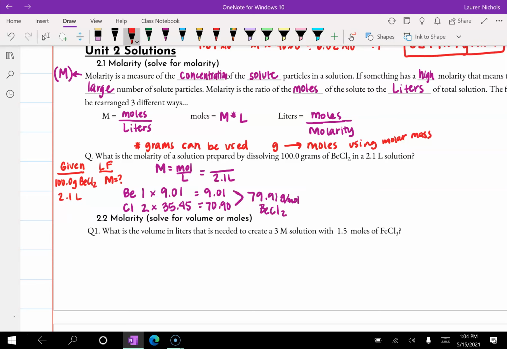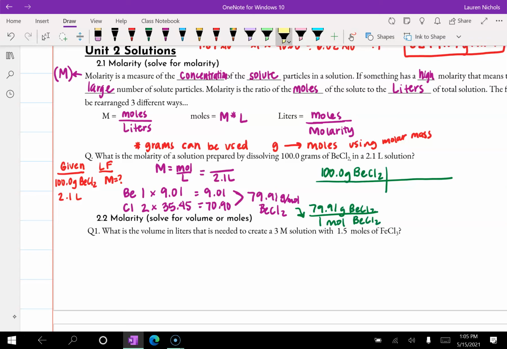And so what we do is we then take our given, which is the number of grams. We have 100 grams of beryllium chloride. And we know that this fraction can be written as 79.91 grams of beryllium chloride over 1 mole of beryllium chloride.